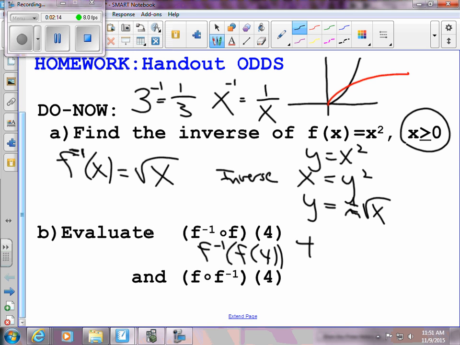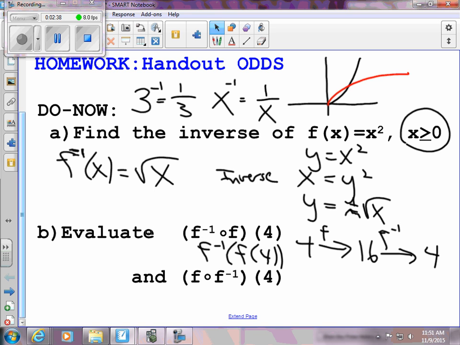If you plug 4 into the function, what do you get? 16. So f assigns 4 to 16. Now, if we take that answer and plug it into the inverse function, what are we getting now? We're back to 4. So if we take 16 and plug it into the inverse, we get back to 4.